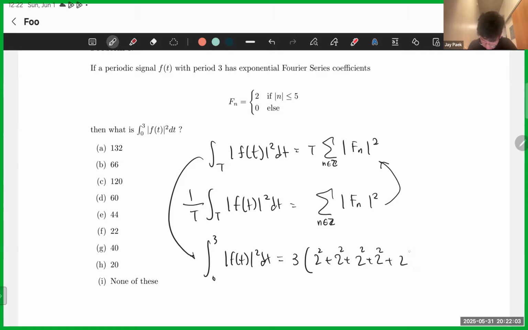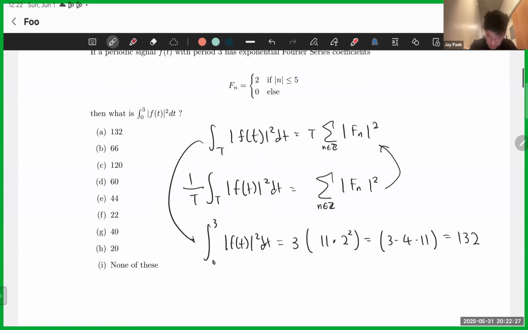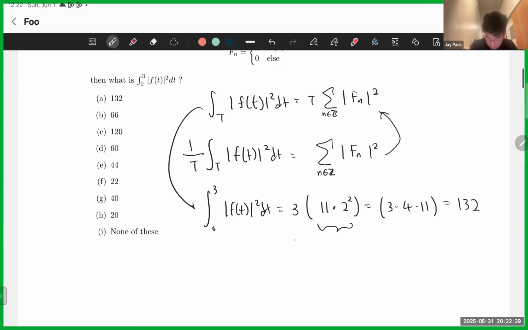Or is it? Hold on. 11 times 2 to the 4. Actually, no, it is right. Because we want to consider the values from -5 all the way to 5, which is 11 values, which is why we do 11 times 2.